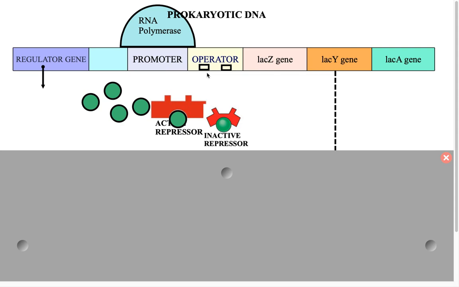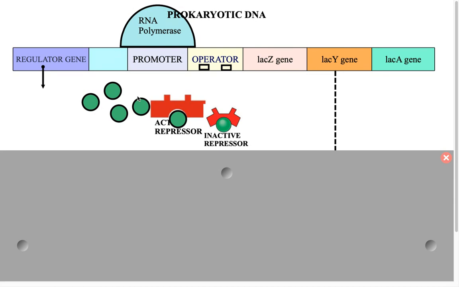And saccharide means sugar. So if it's a disaccharide, that means that it's made of two monomers, and in this case, it's glucose and galactose. So in order for your cell to be able to use and break down this lactose right here, it needs to be broken down into its component parts.